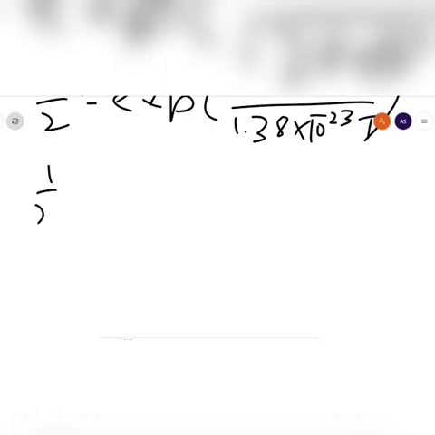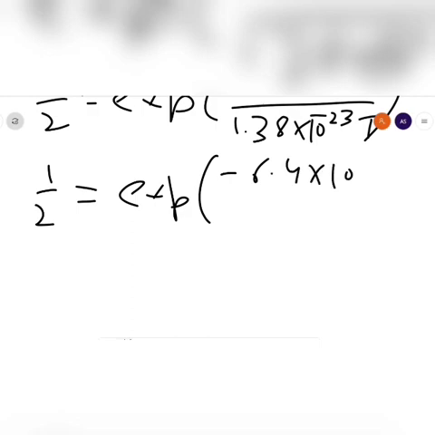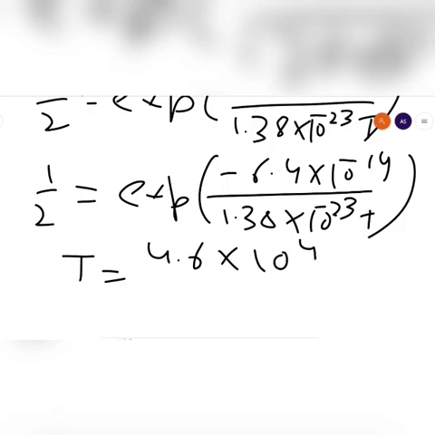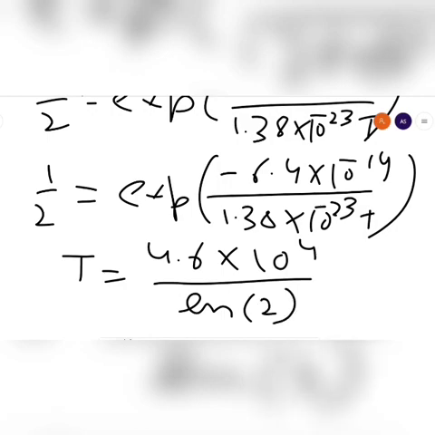Now half is equal to exponentially minus 6.4 into 10 to the power minus 19 divided by 1.38 into 10 to the power minus 23 into T. Now the temperature T is 4.6 into 10 to the power 4 divided by ln 2.